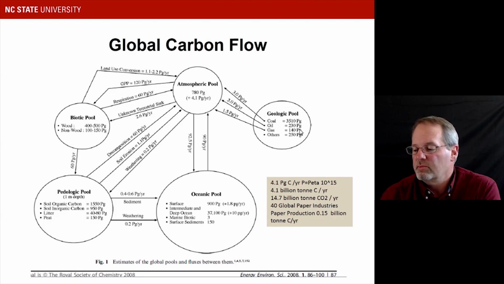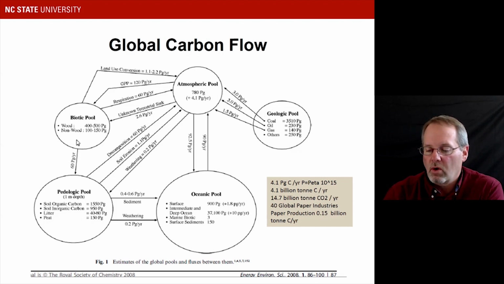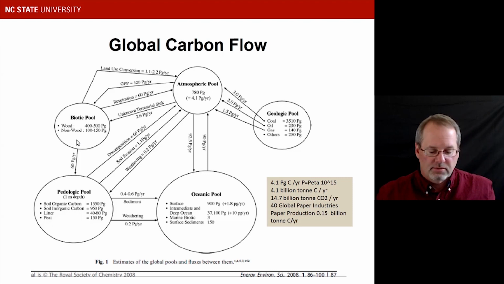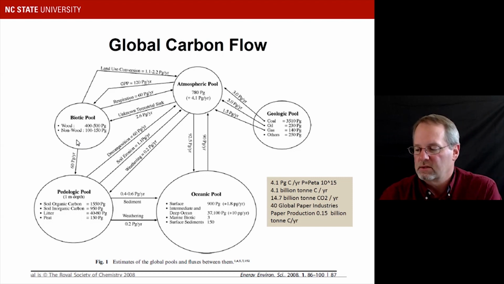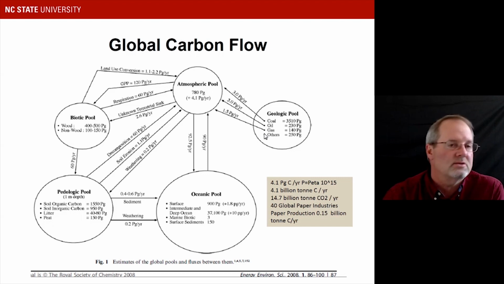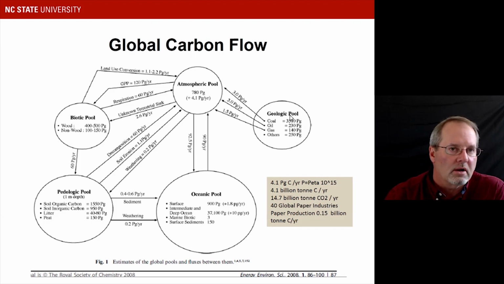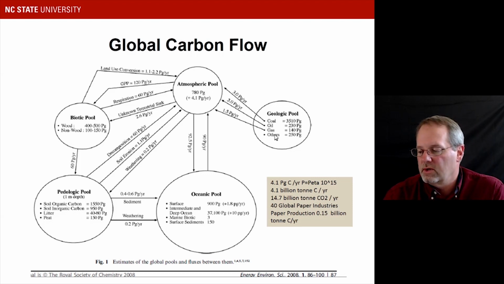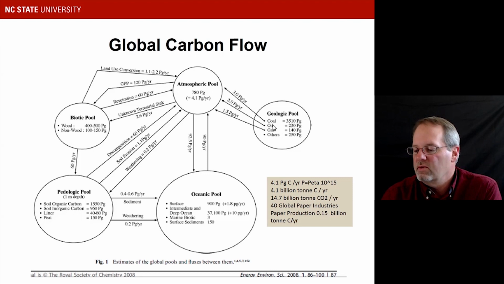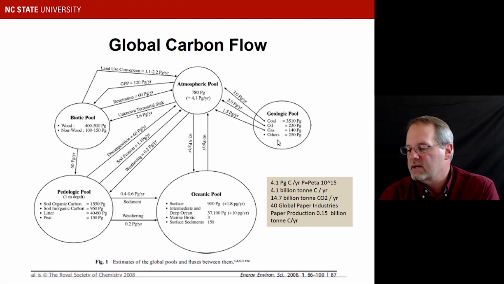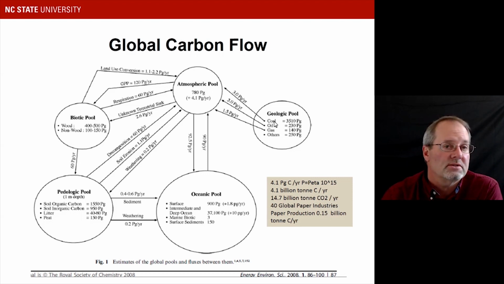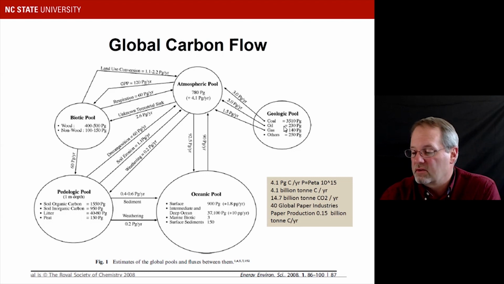We've got different pools of what we call carbon, and carbon is just a shorthand for understanding how much carbon dioxide is where. In the geological pool, or in the Earth's soils and subsurfaces, we've got things like coal, oil, and gas, fossil fuels that have been stored there for a long time. They have a lot of carbon.